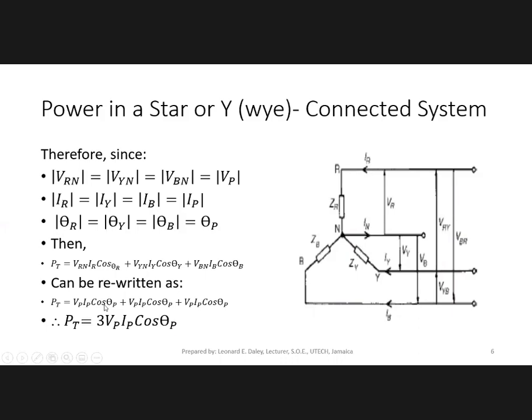So when you look at this now, you realize that you're adding three of the same things. So the total power in a balanced system is 3 V phase, I phase, cos theta. And this cos theta here now is the angle between any particular phase voltage and its corresponding or associated phase current. So PT is equal to 3 VP IP cos theta P.